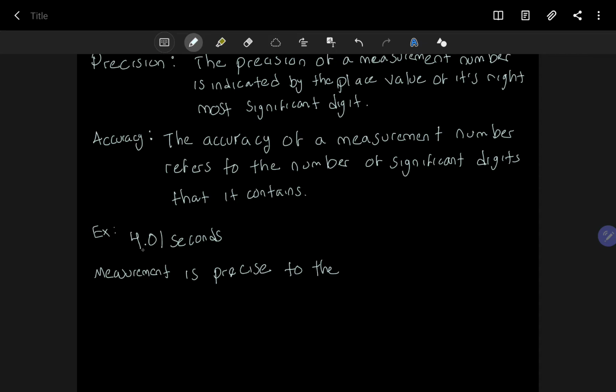In this case, we have a 1 on the right, and this is in the hundredths place.